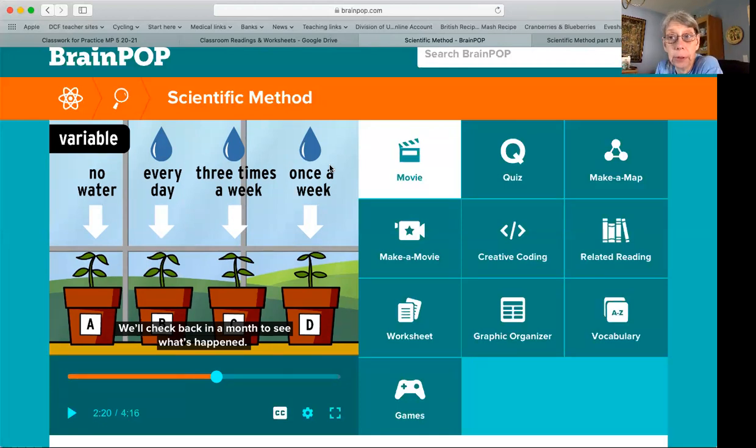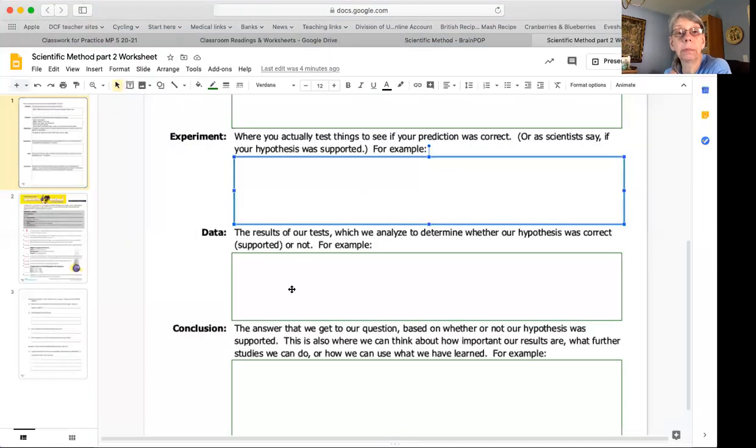Measure the water first, because if you put a lot on once a week, but only a little bit every day, that might make a difference. So it's not just watering the plants, it's the schedule, the frequency of watering the plants that we are studying here.